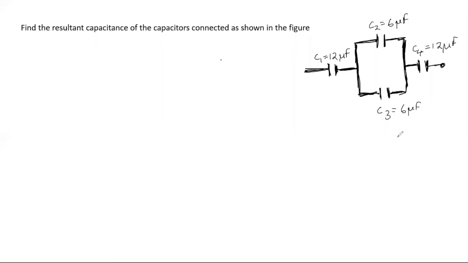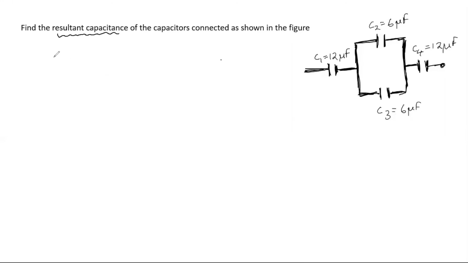So here, if you see, the circuit is given to us, and capacitors of different capacitance values are arranged in different manners, and we need to find the resultant capacitance of such an arrangement. If you see, capacitors C2 and C3 are parallel, and C1 and C4 are connected in series with this parallel arrangement, right?